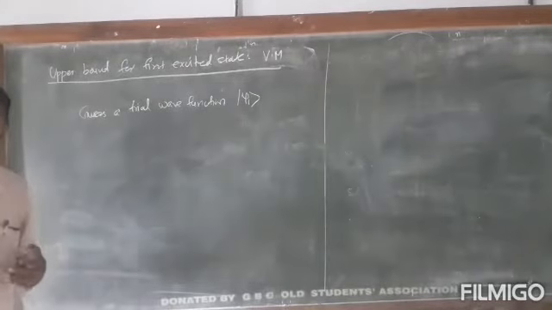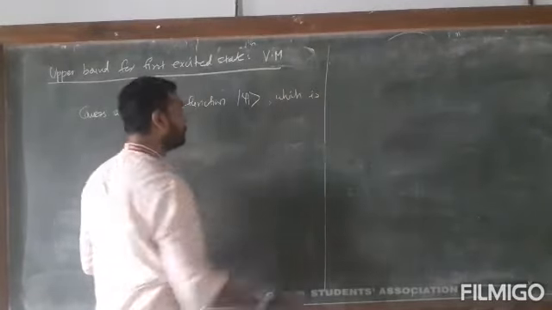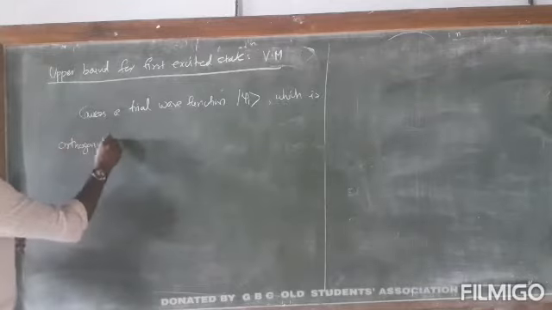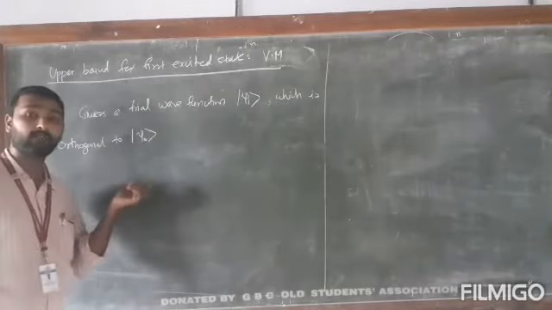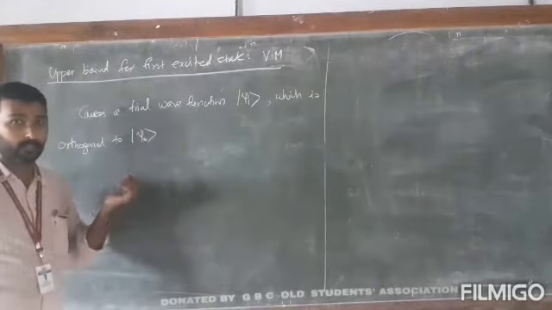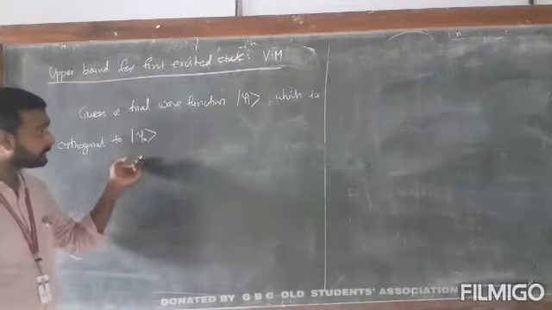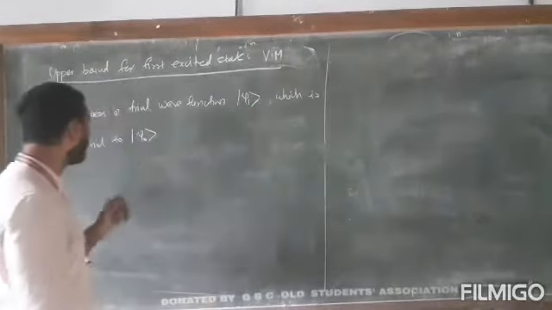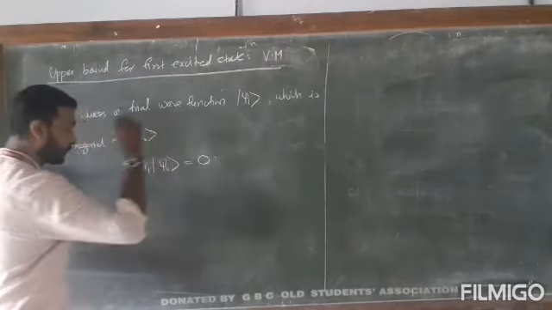Consider a trial wave function psi 1, which is orthogonal to psi 0. Remember psi 0 is the trial wave function that we used to find the upper bound for the ground state energy. Thereafter we can assume another trial wave function psi 1, which is orthogonal to psi 0. That is, ⟨psi 1|psi 0⟩ must be 0.